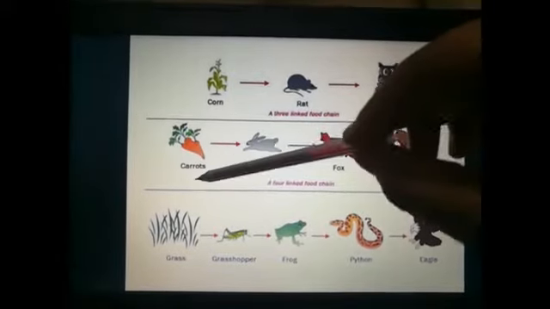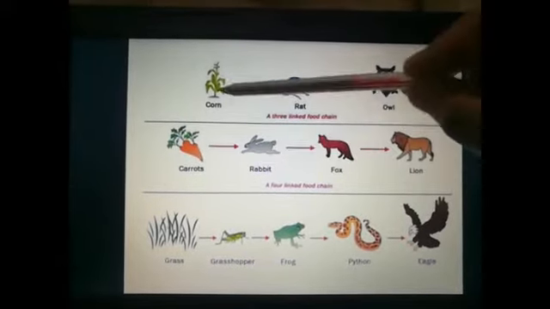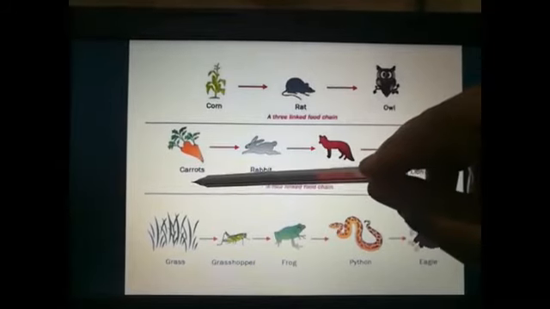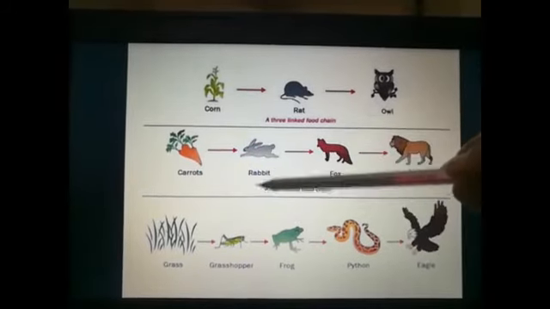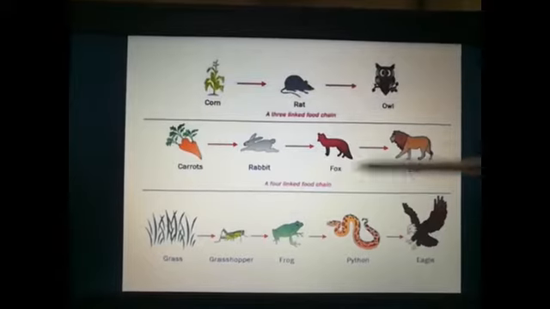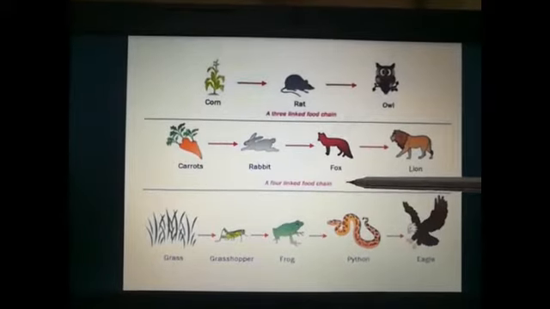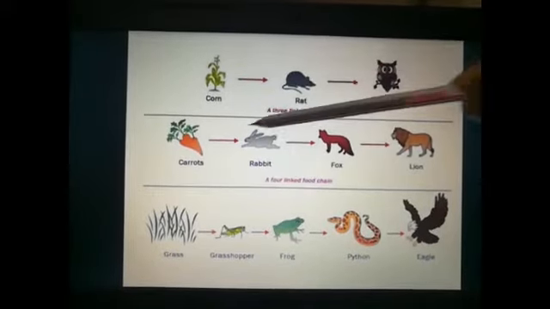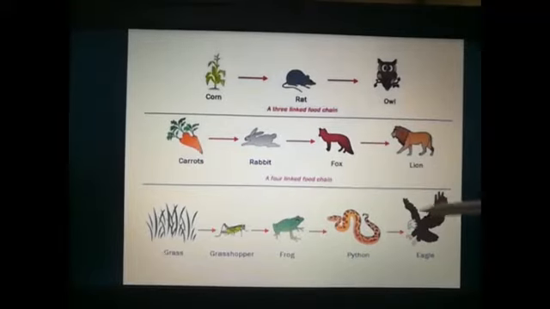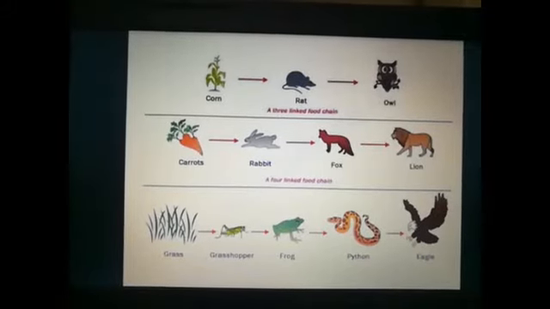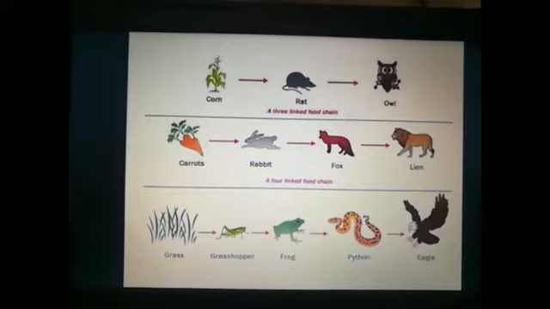In the same way, a rabbit gets energy from a carrot, but the rabbit itself will be consumed by another organism for its food. So you will find food chains of different lengths, depending on the feeding habits.